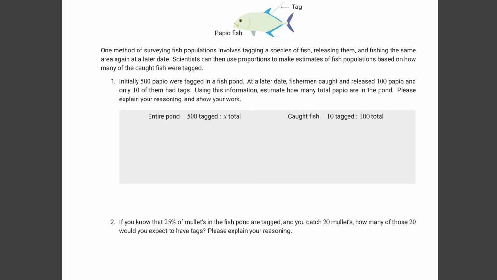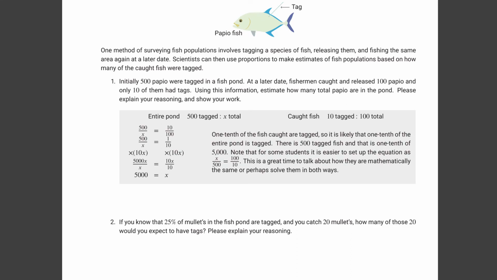Because we assume that the sample represents the population it is taken from, we can also assume that the ratio of tagged fish to total fish will be the same between the sample and the population it is taken from. So for the population, the ratio of tagged fish to total fish is the fraction 500 over x. For the sample, this ratio is 10 over 100.